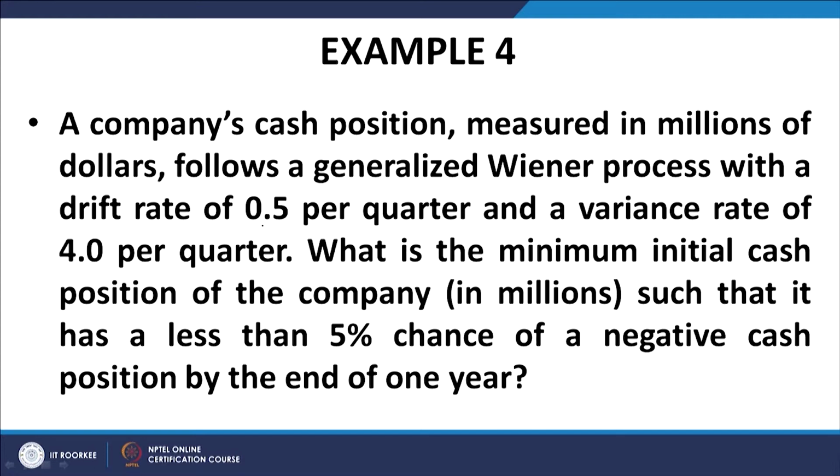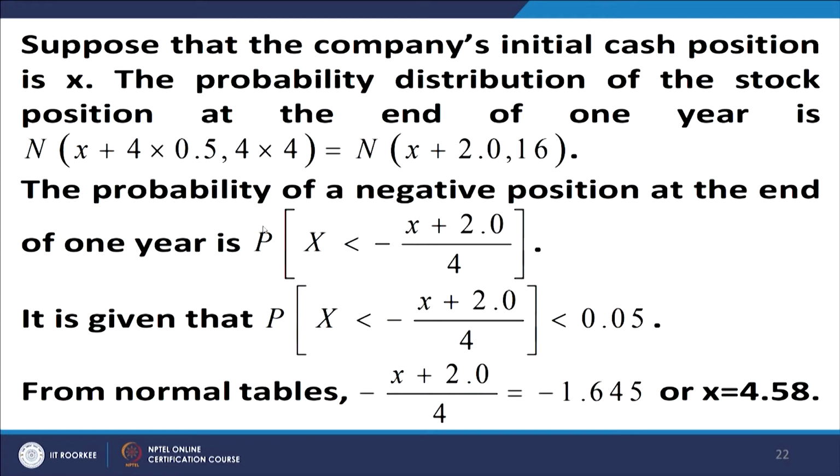We are given that the drift rate is 0.5 per quarter. Therefore, the mean or the expected value of the Wiener process that governs this cash position is given by 0.5 into 4 quarters, that is 2, and the variance rate is 4 per quarter. So the variance over the entire period of 1 year will be 16. Let the initial position be x.